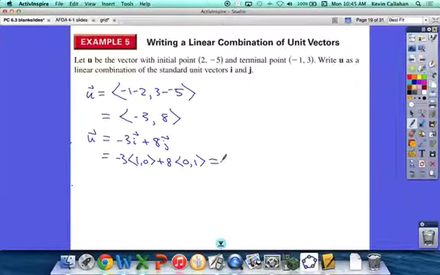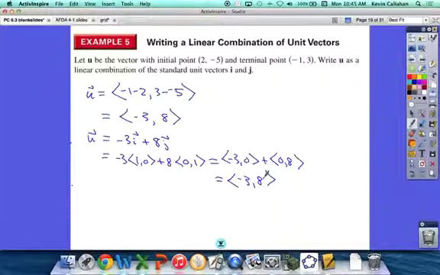Right? And that's scalar multiplication. That's going to be -3, 0 plus 0, 8. Right? And now when I add those up, I get negative 3, 8, which is the same thing.